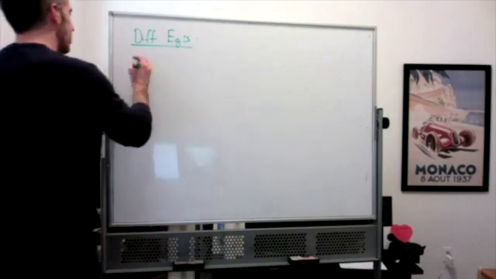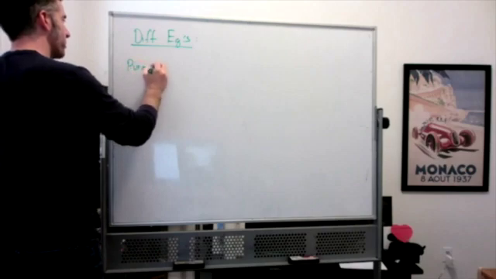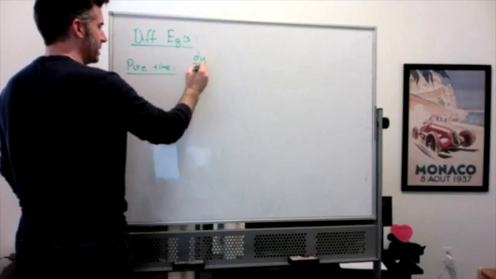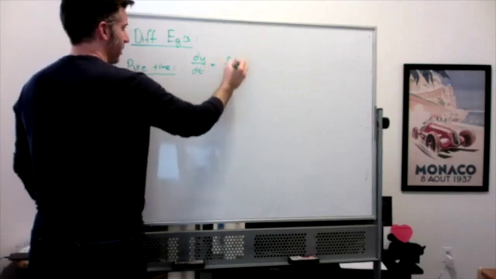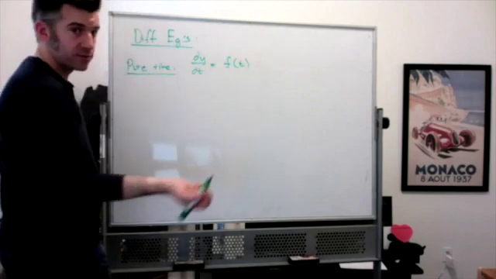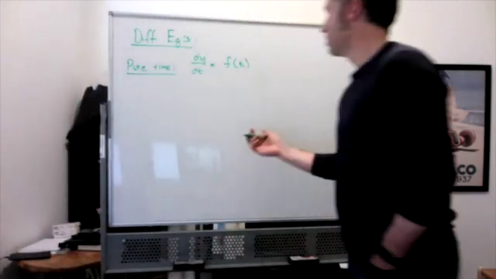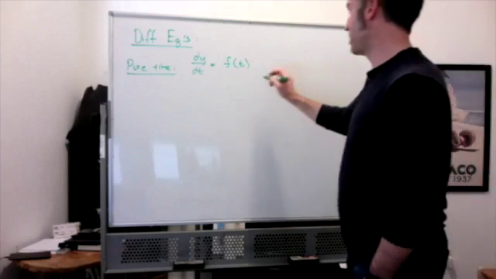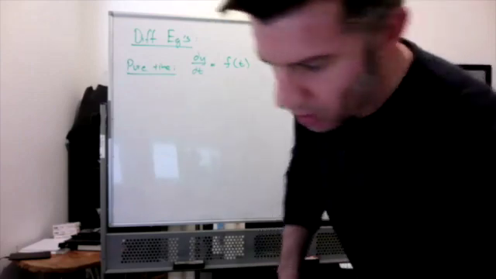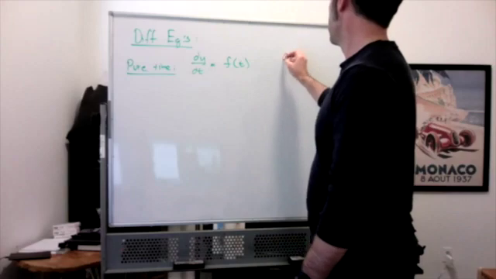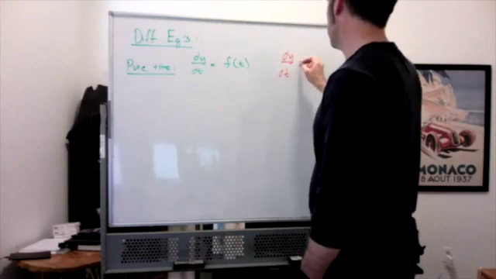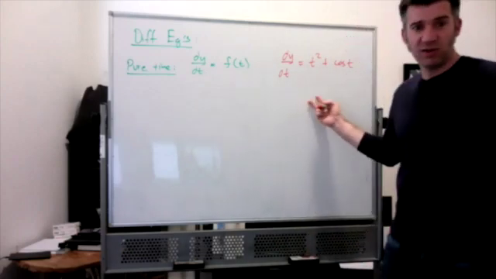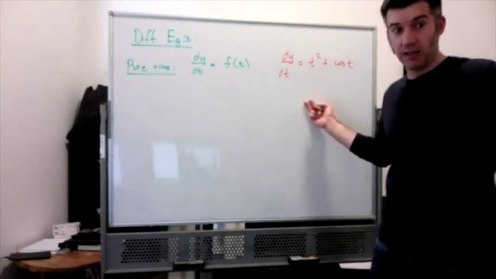There are the pure time equations, where you have something like dy/dt equals just some function of time, which are probably pretty easy to solve. Because if you've got something like, let me use red here, dy/dt equals t squared plus cosine of t, the way you solve it is you just integrate both sides, right?